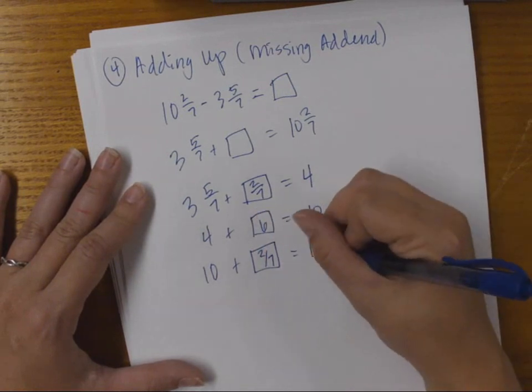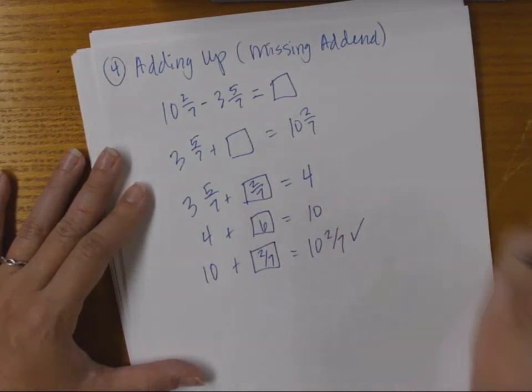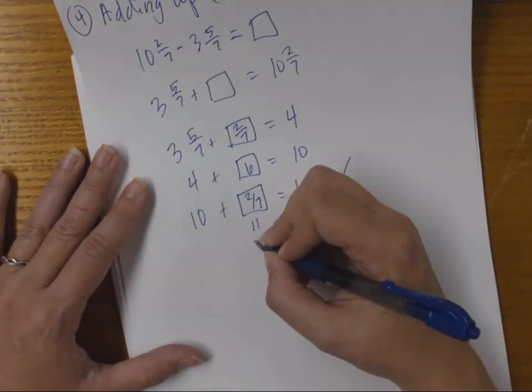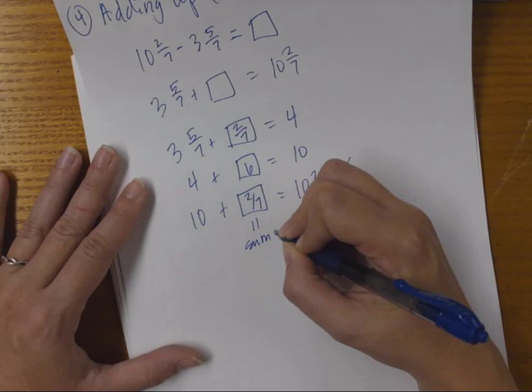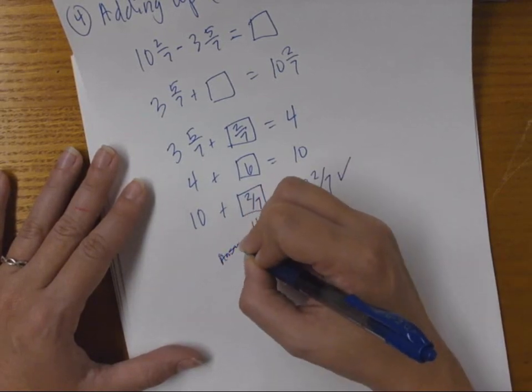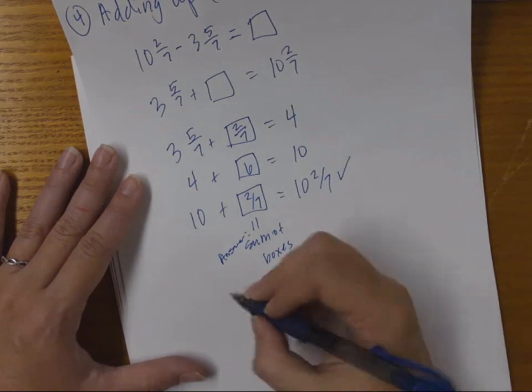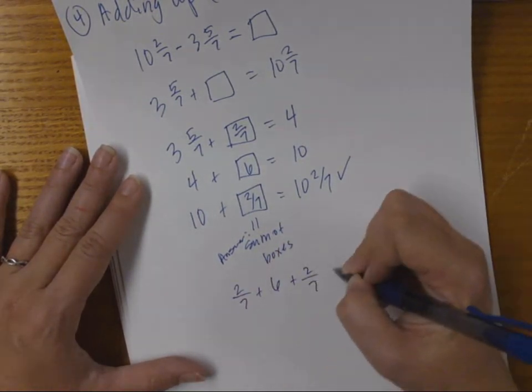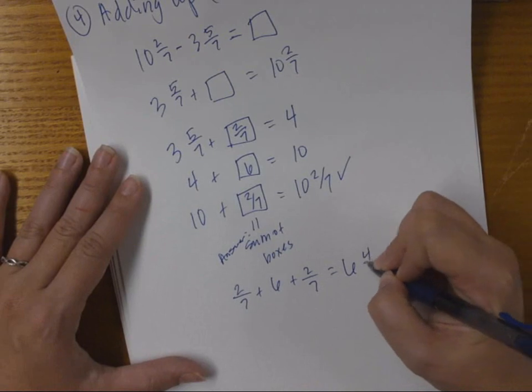So 10 plus 2/7 is 10 and 2/7. That's what I wanted to get to. My answer, remember, is the sum of the boxes. So let me add up the boxes. What is 2/7 plus 6 plus 2/7? Well, it's 6 and 4/7.